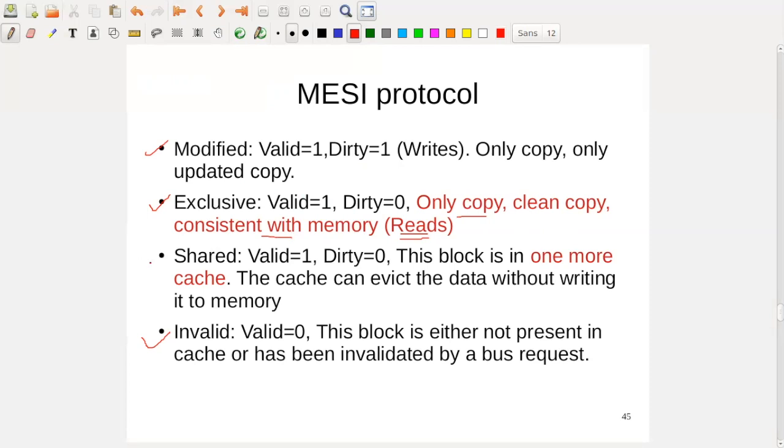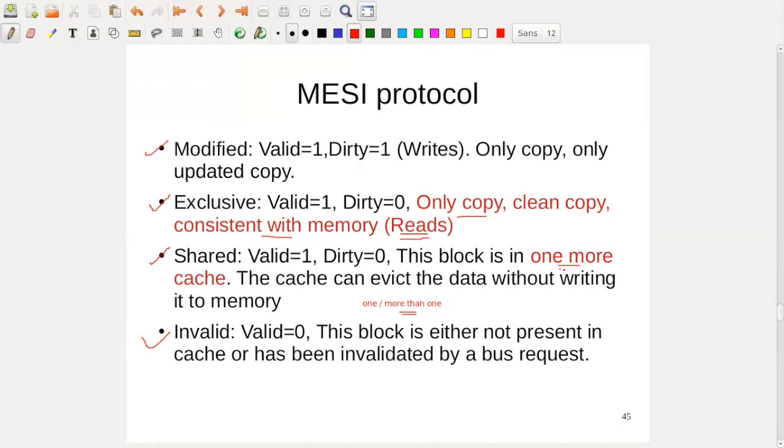So earlier you had the shared state. Shared state meant the data is in either one cache or more than one cache. Whereas here in MESI, the definition has changed. Shared state means the block is in more than one cache only, not in one cache, but more than one cache.